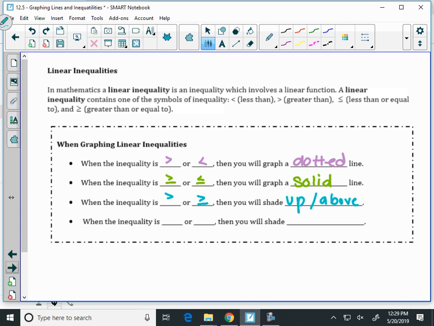If the inequality is less than or equal to, so it's opening away from the y, which way would we shade? Down or below, however you think of it. Questions over that?